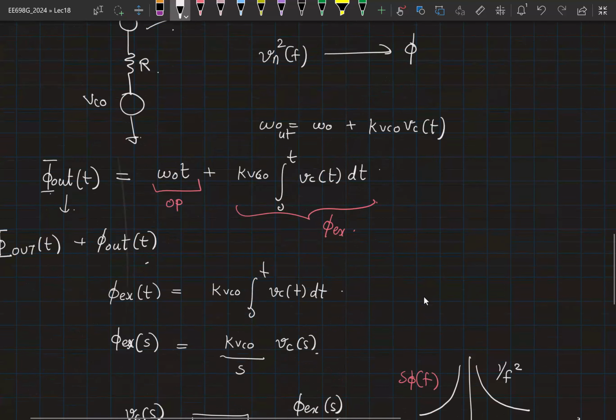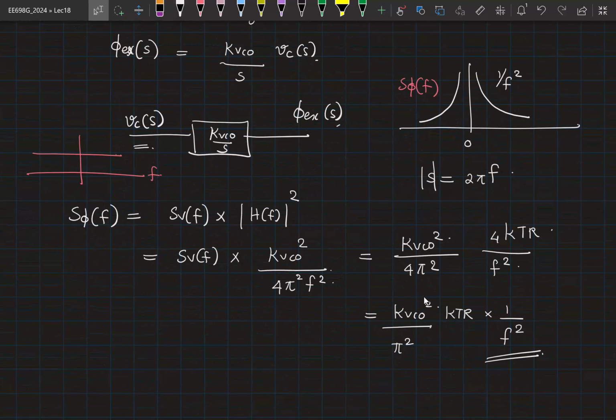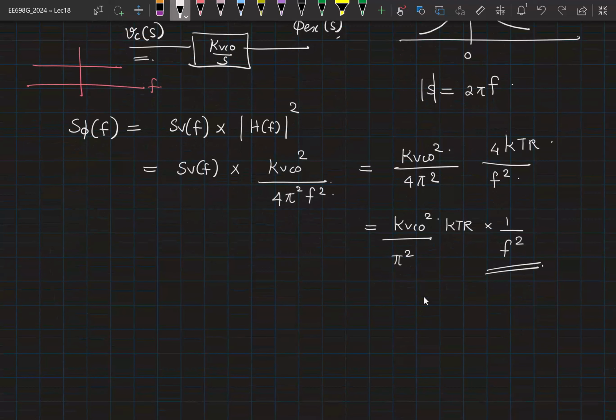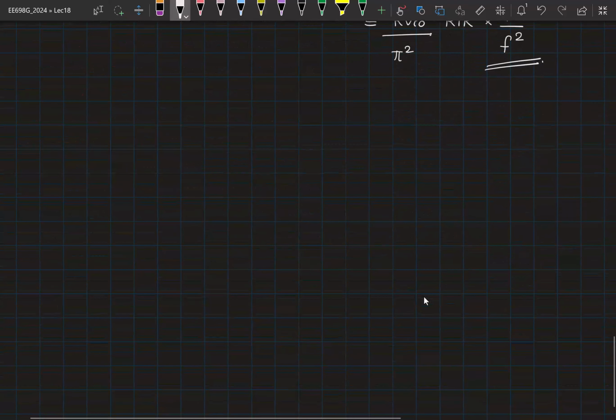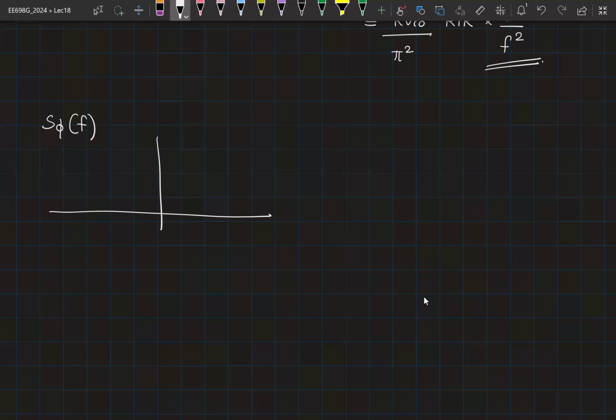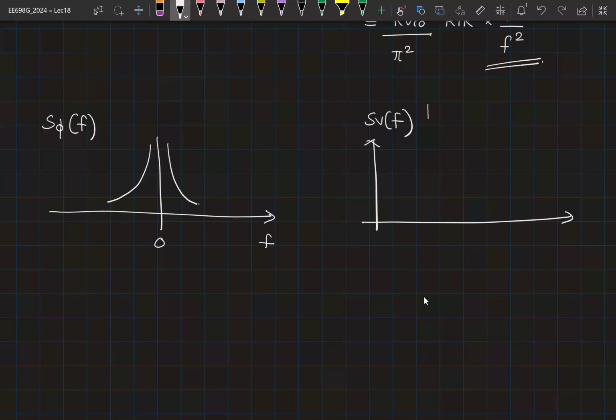It was translated as well as scaled. So if I have S phi of f like this, around the origin it is some shape. Now for my S_V of f, I will plot the one-sided PSD.